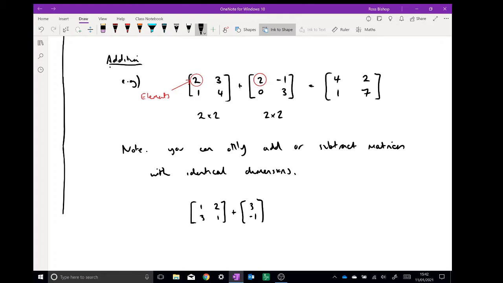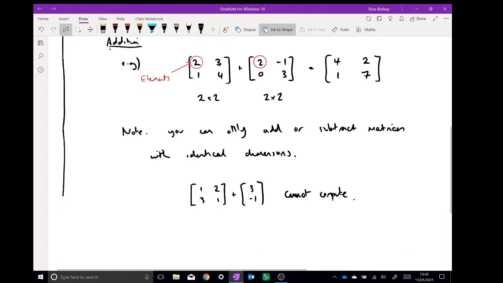You cannot compute that. It does not have the right dimensions. This one is a 2 by 2, that one is rows times columns, 2 by 1. They're not compatible for addition. Okay, so that is what we do with addition.